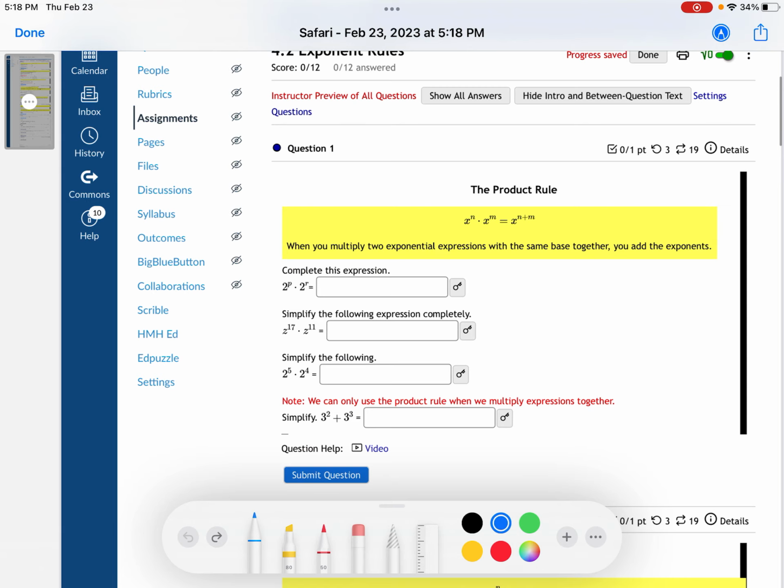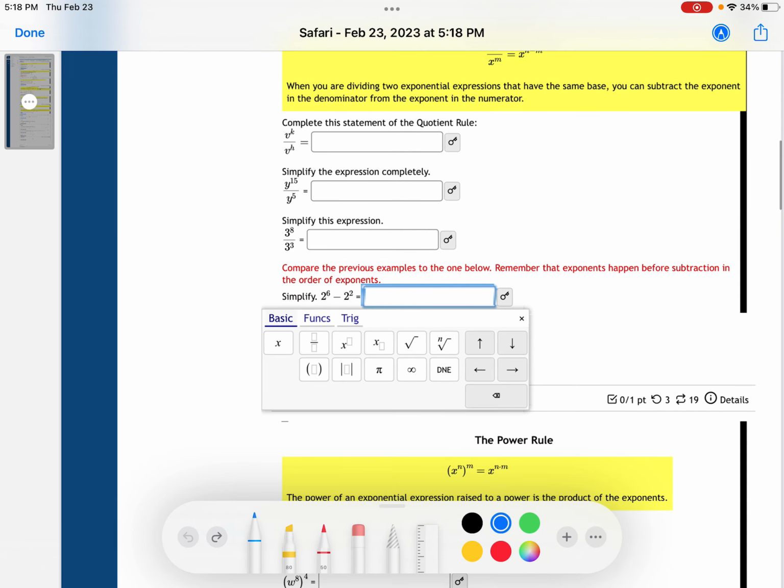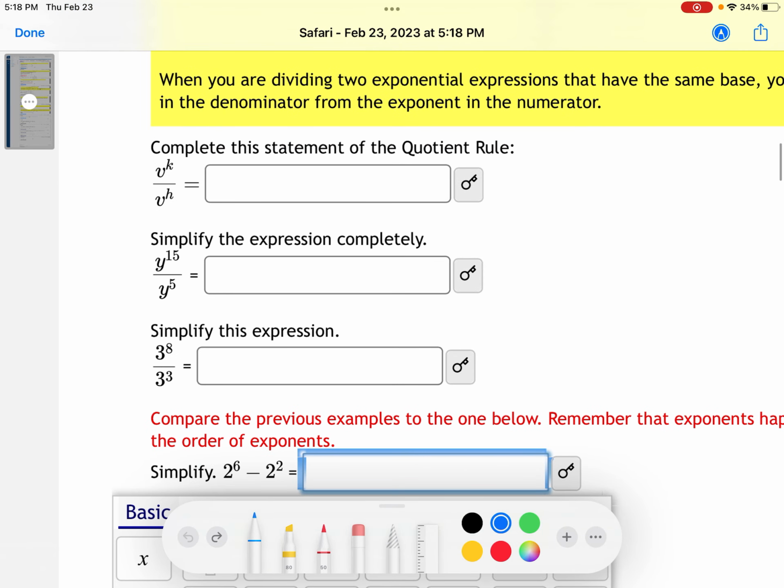Okay, so right here, you've got v to the k over v to the h. And we know that when you divide things with the same base, you subtract the exponents, and your answer is v to the k minus h.